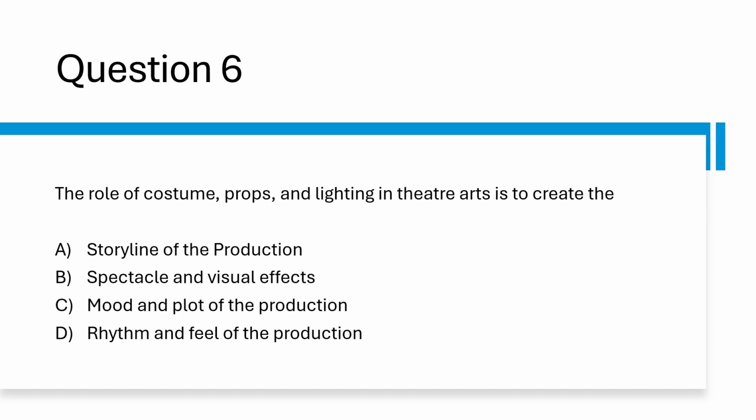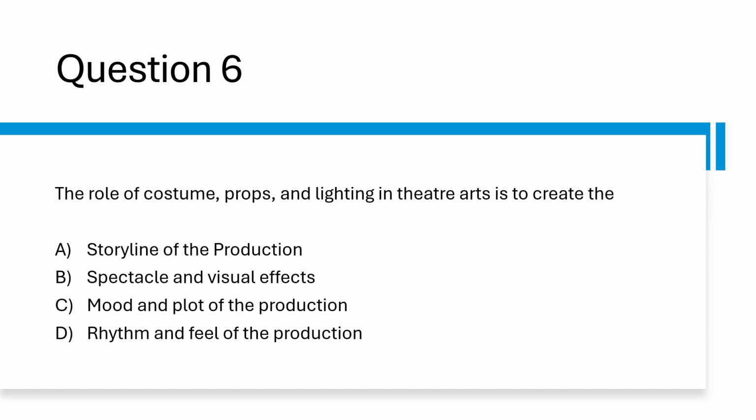And so we've already spoken about what the storyline of a production looks like. It couldn't be costume, props and lighting. Mood and plot would not necessarily be the role of costumes and props. Yes, mood, but not necessarily props. And then rhythm and feel of production is also not only about costumes and props.